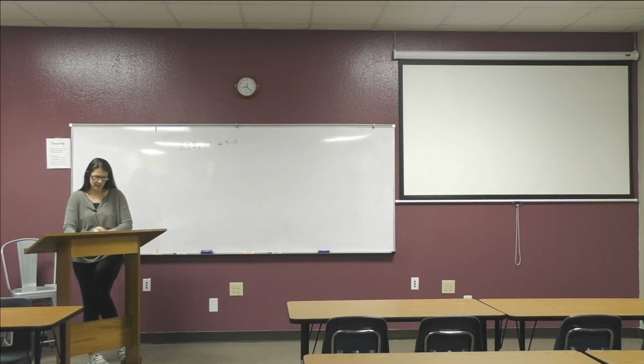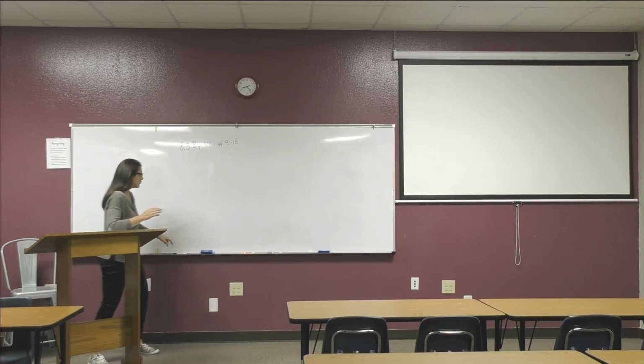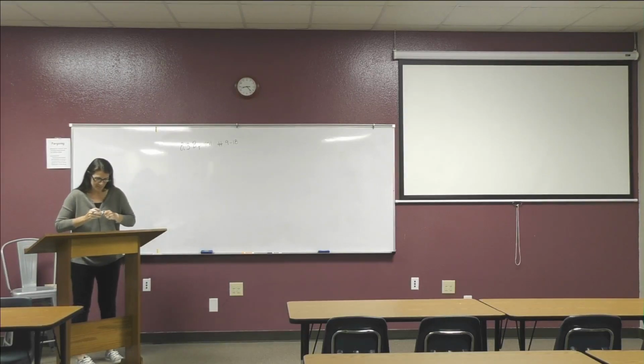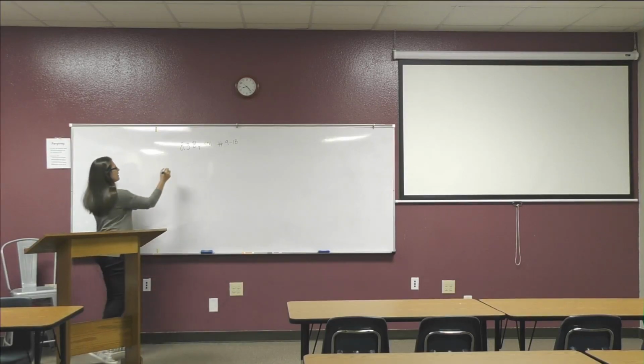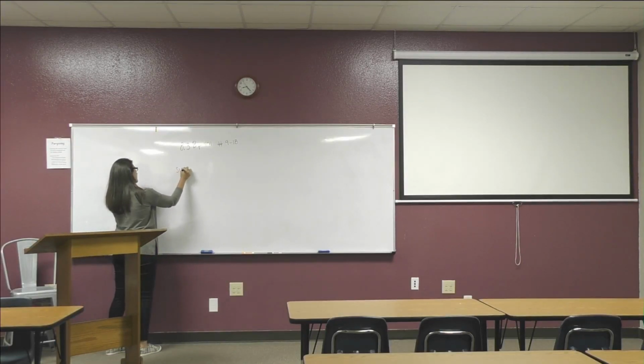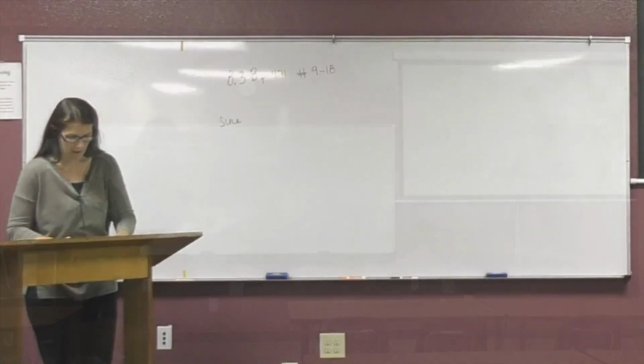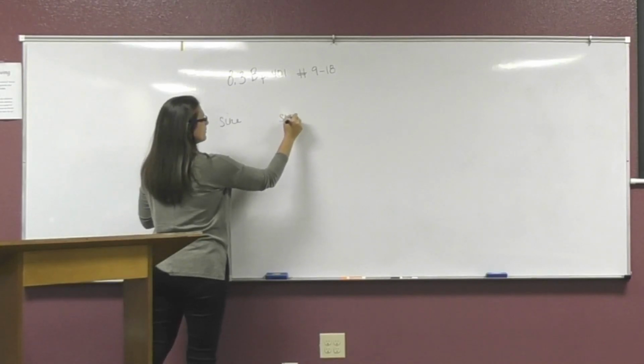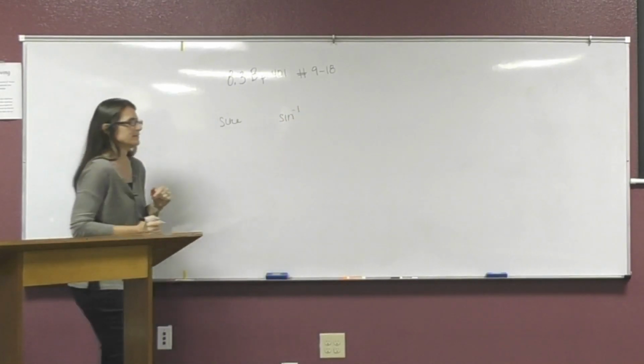Inverse trig functions can be written one of two ways. The first is similar to an inverse notation, and that's probably what you will recognize it as looking like, because we have done some inverse functions before. So the inverse of sine, in that paragraph, can be written as that, okay?